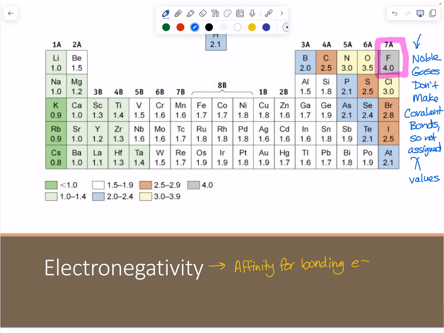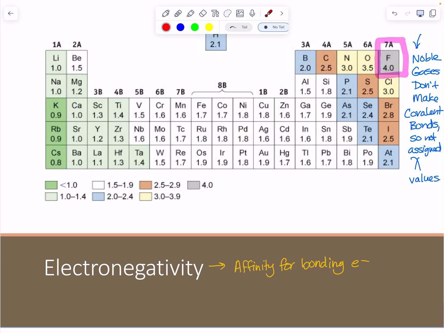What we're going to find is that the electronegativity values of these metals are so low that when they interact with some of these halogens, or some of those elements with higher electronegativity values, they just give up their electron, right? And so that's when we get those ionic compounds formed.